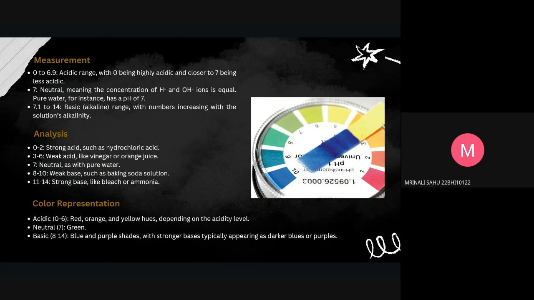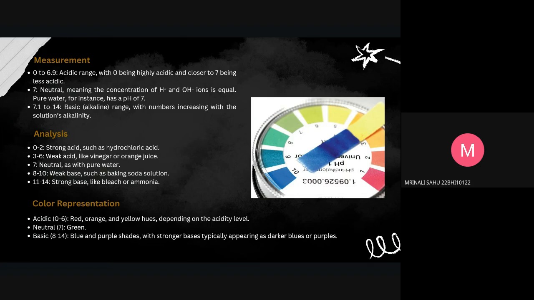From 3 to 6, it's a weak acid, for example, vinegar, orange juice. 7 is neutral, for example, water. 8 to 10 is a weak base, for example, baking soda solution. From 11 to 14, it's a strong base, for example, bleach.